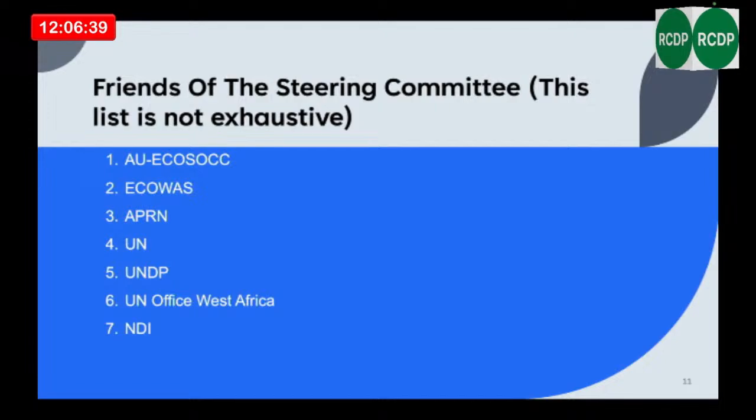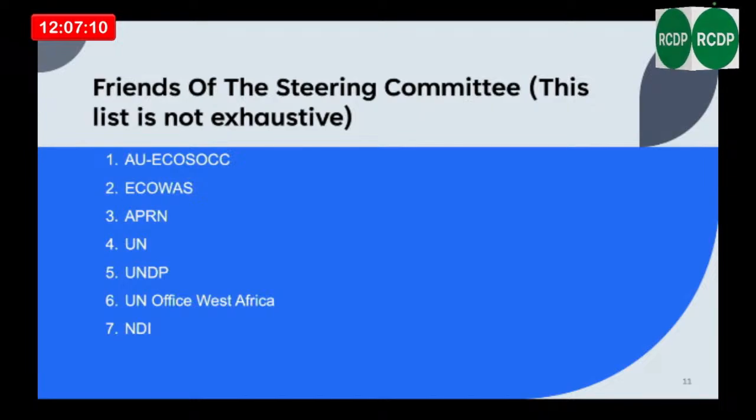for your consideration. And then we have the list of friends of the steering committee, again, a non-exhaustive list, and I know that we have the head of programs present here from ECOSOC, as well as ECOWAS representation. This is the Africa Peer Review Mechanism, that should be APRM, as well as UN development partners, United Nations Development Program, United Nations Office for West Africa, as well as the National Democratic Institute.